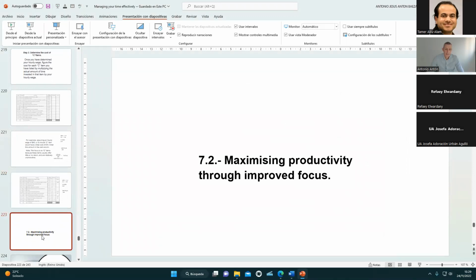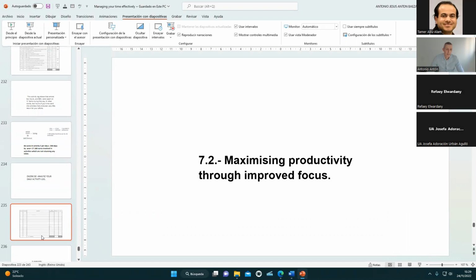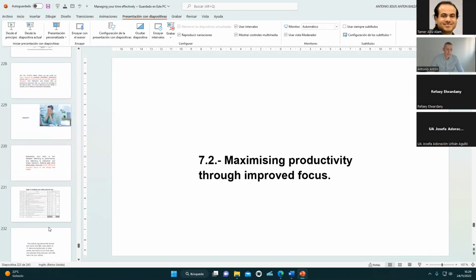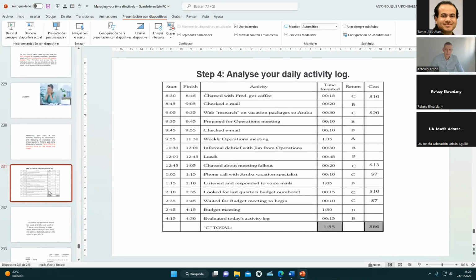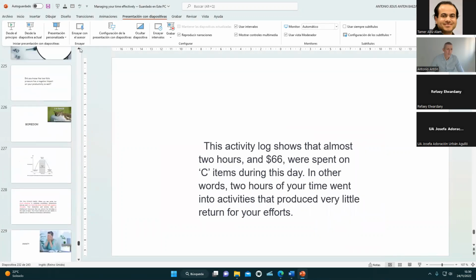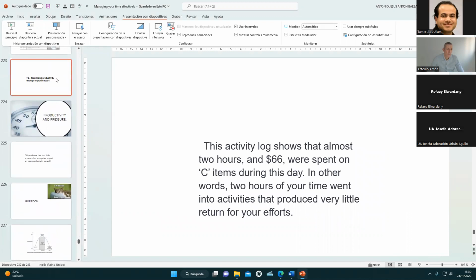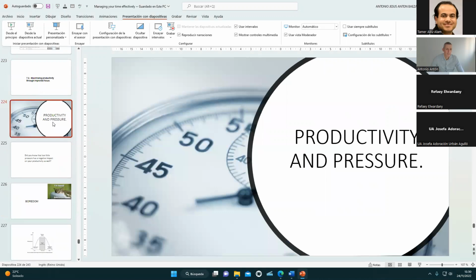Well, finally, the last topic for today is the second point, about maximizing productivity through improved focus.